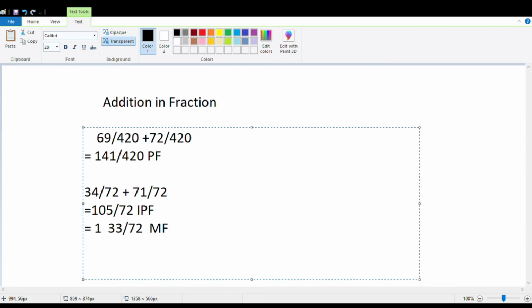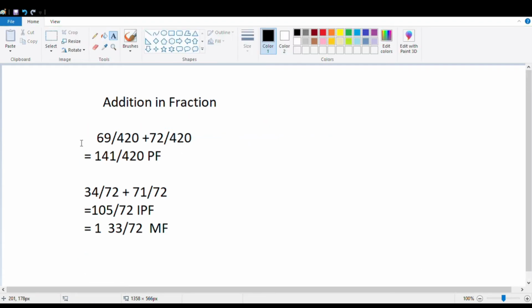Okay. So now let us move on to how to find unlike fractions. We have learned about like fractions. Okay, take a moment to copy it.